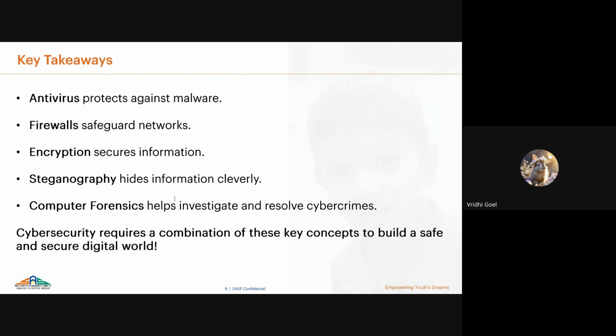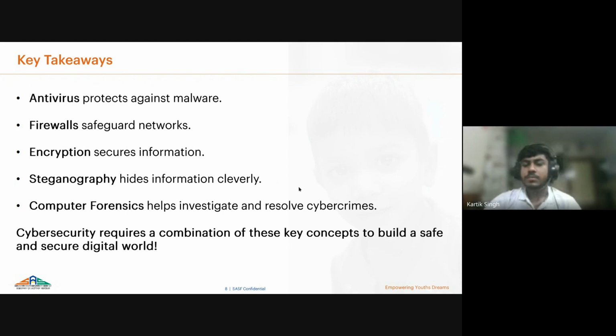We can analyze the evidence and then it can help in legal proceedings. Yes, exactly. These are the four key processes involved in computer forensics: identify the digital evidence, preserve its integrity, analyze the evidence, and then present it in legal proceedings.